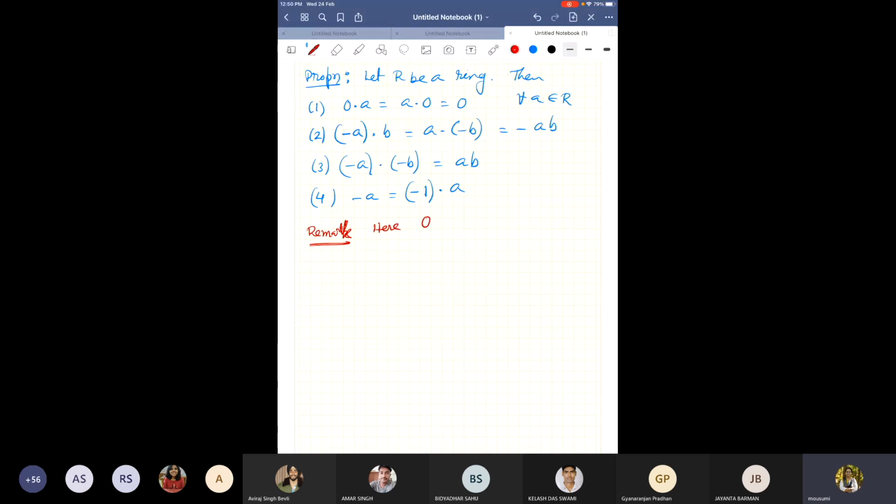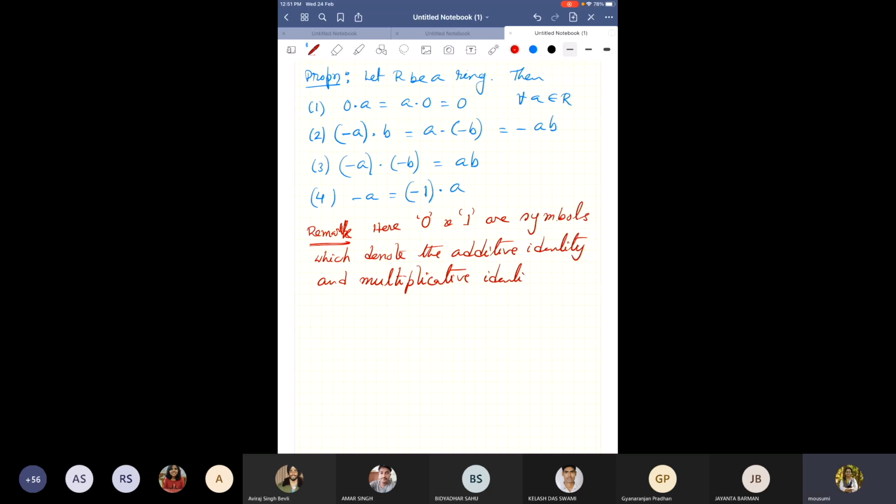Here 0 and 1 are symbols or notation which denote the additive identity and multiplicative identity respectively.